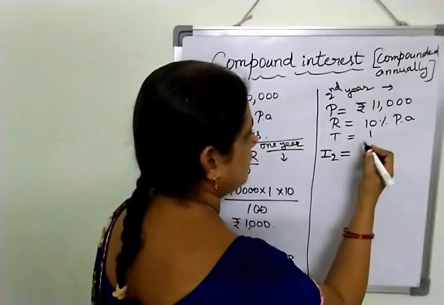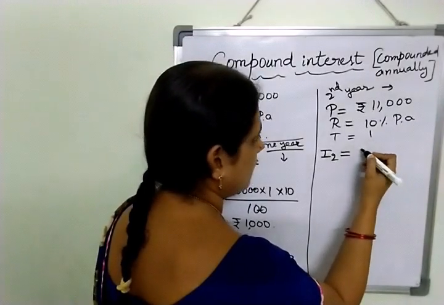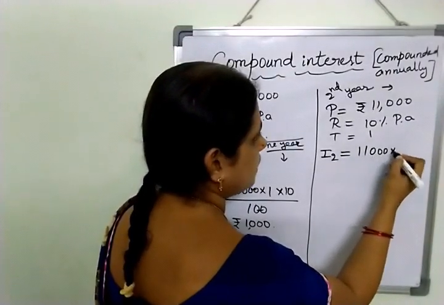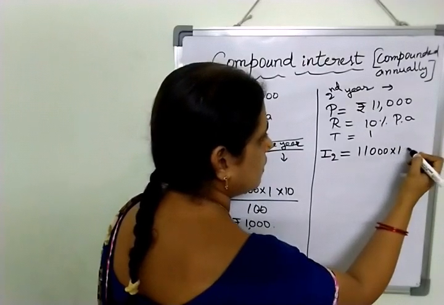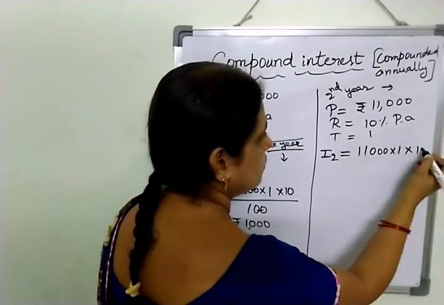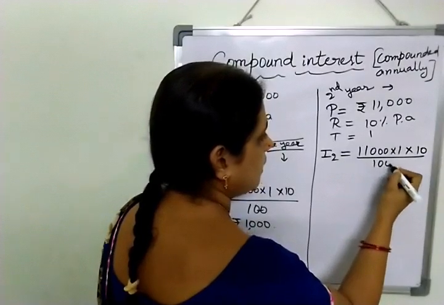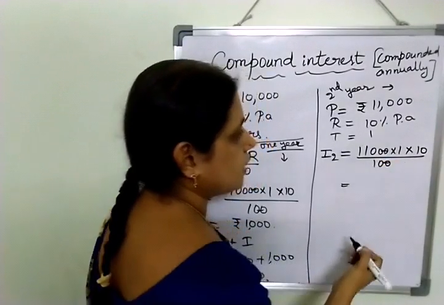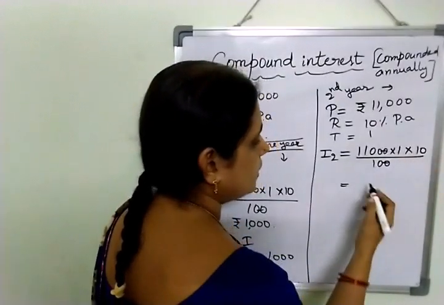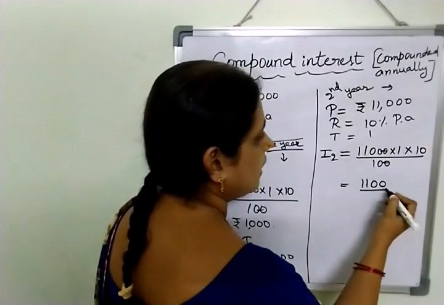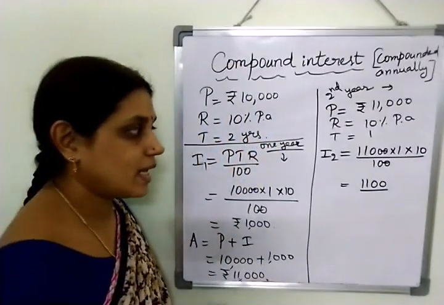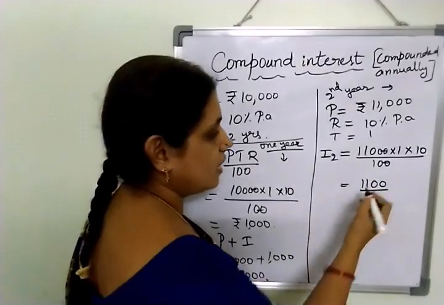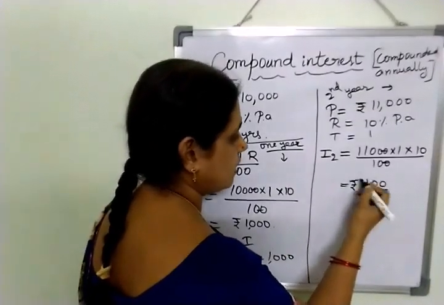Then I2 equal to PTR by 100, again 11,000 into 10 into 1 by 100. So 2 zeros if you cancel, 110 into 10, that is 1100. So the second year the interest is 1100 rupees.